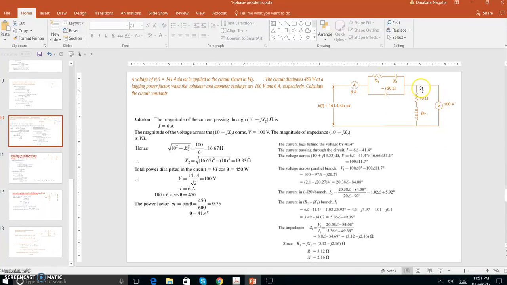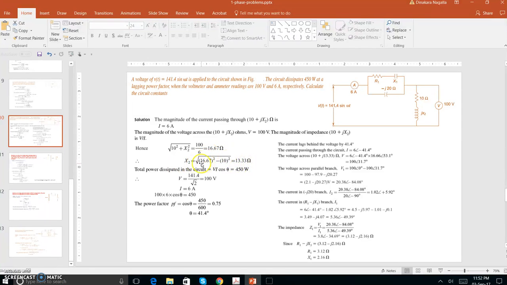So the voltage drop across this is known to us. The current through this element is 6 amperes, and this voltage source is written as 141.4 by root 2, which is 100 at an angle 0. Now from this you can directly find the impedance, square root of 10 squared plus X2 squared, which is 16.67 ohms.